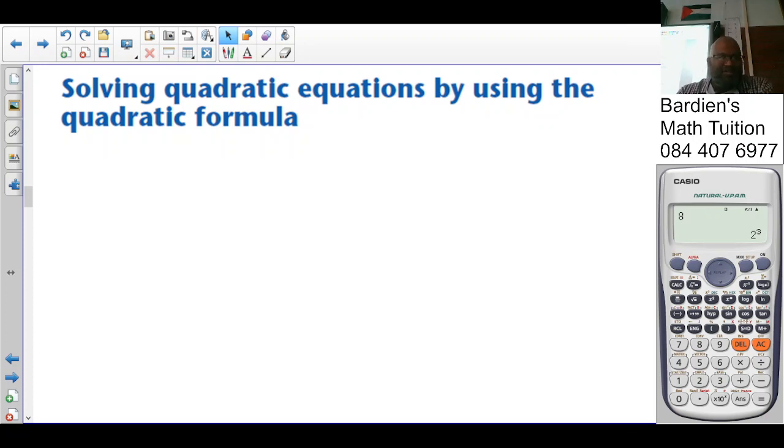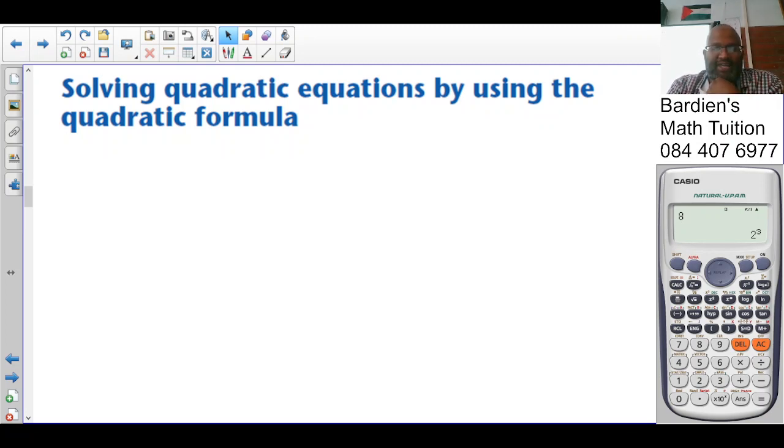Okay, we are told that all quadratic equations can be written in the form ax squared plus bx plus c is equal to 0. So far we've seen that if we cannot solve the quadratic equation by factorization, we can use the method of completing the square to determine the solution. That's what we did in yesterday's lesson. However, it's also possible to find the solution using the quadratic formula, which is quick and easy to use.